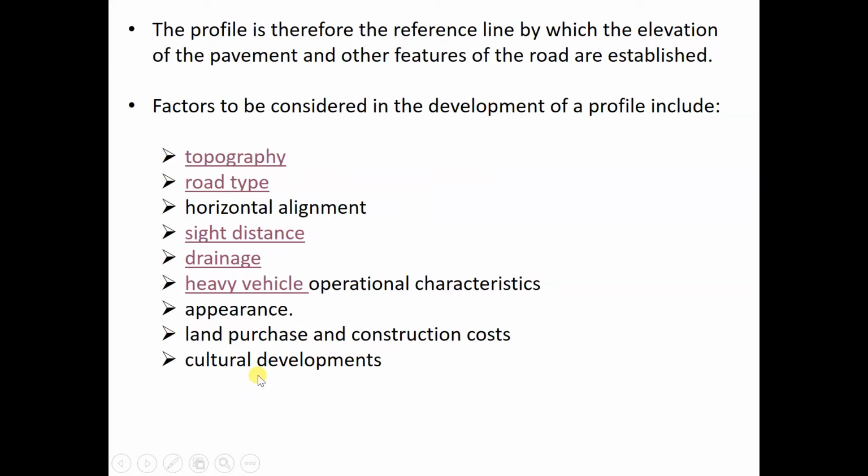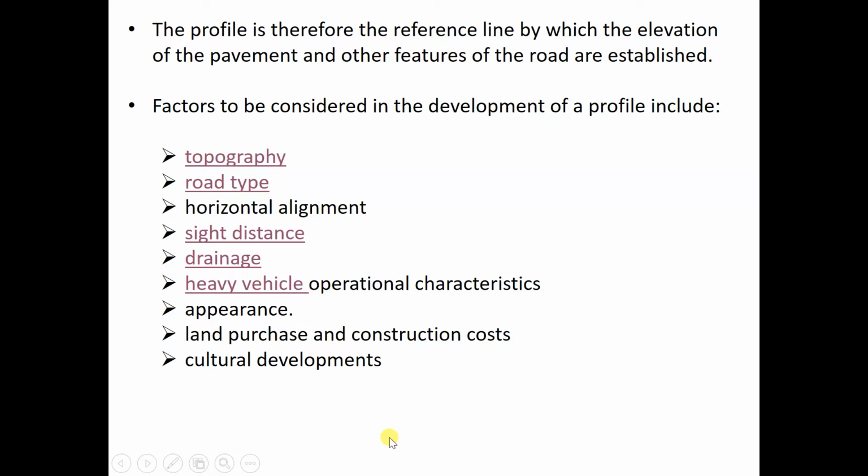Cultural development. The vertical alignment and the horizontal alignment may have some cultural considerations as well. In New Zealand, if there's any Maori heritage site beside the road, the driveway or access road to these cultural sites or archaeological sites cannot be too steep going down the slope.